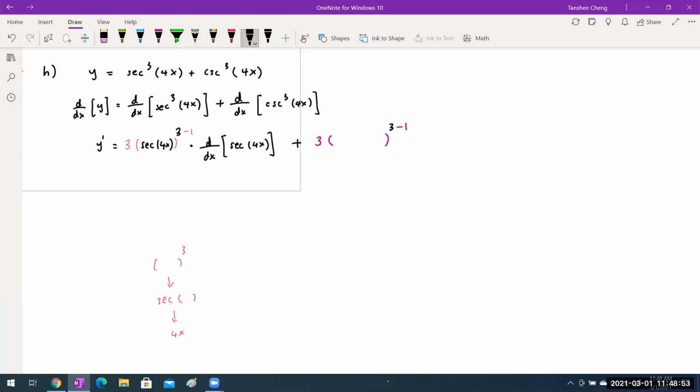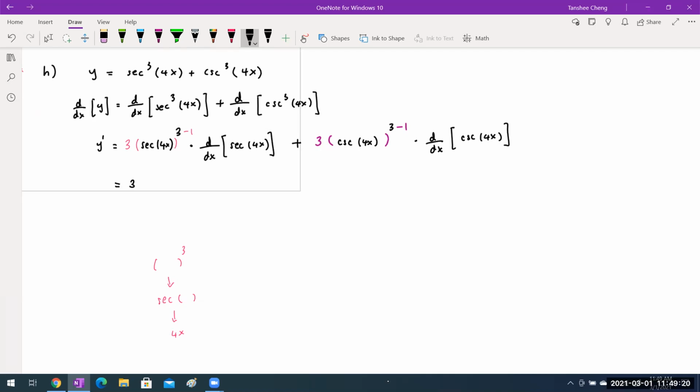And the inner function will be cosecant of 4x, times the derivative with respect to x of the inner function, which is cosecant 4x. It has the same format except this becomes cosecant. So now we can continue and simplify a little bit and then take the derivative also.